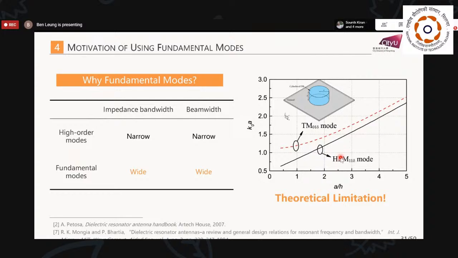Okay, let me modify my saying. We use these two modes, but we cannot use a simple DRA directly. And then how to make the resonant frequencies of these two fundamental modes the same? This is the challenge of this project.